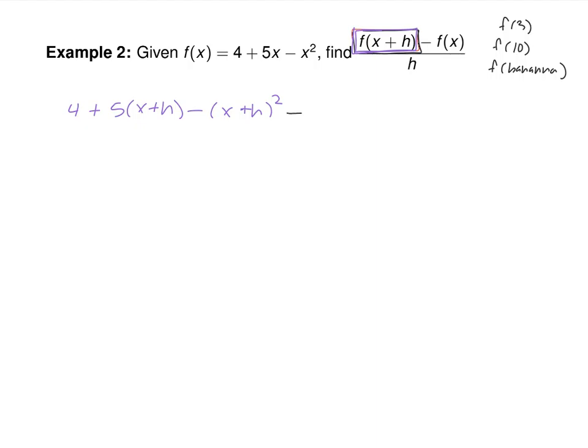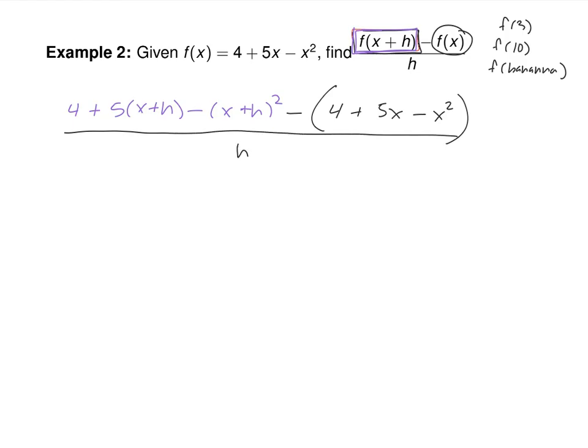Minus. If you want to take away the whole function f of x, do you do this? You put parentheses, yep, exactly. And all over h. Now this problem is just like algebra on steroids, okay? It's just like crazy lots of simplifying. You have to not lose stuff. You have to write legibly enough you can actually read it.